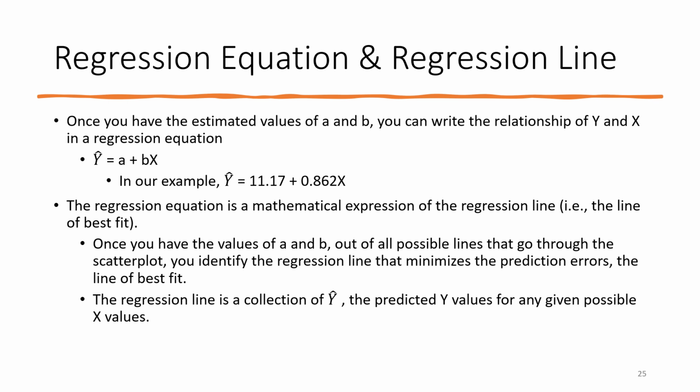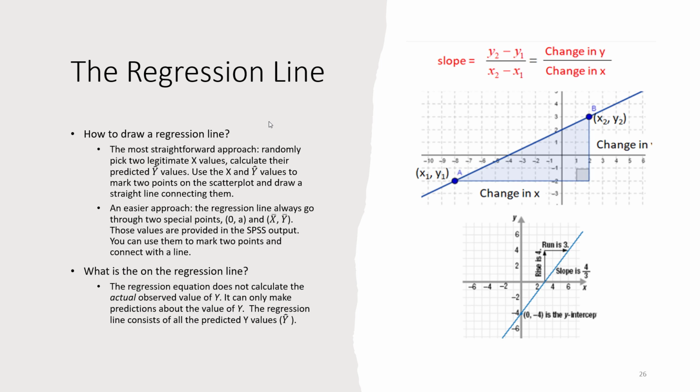One thing to keep in mind is that the regression line is a collection of all predicted y values. If you need to draw a regression line given the regression equation, it's pretty straightforward. You need 2 points to draw a straight line. If there is no additional information, all you need to do is to randomly pick two x values, plug each of them into the regression equation, and get the corresponding predicted y values.